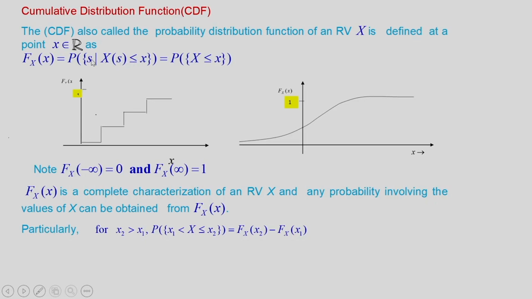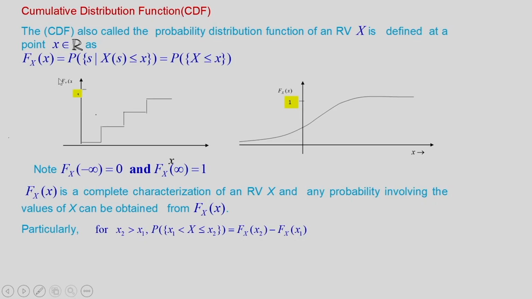So, we have to consider all s for which X(s) is less than or equal to small x. In that sense it is a cumulative probability, and instead of writing this symbol, we write simply probability of X, capital X, less than or equal to small x.